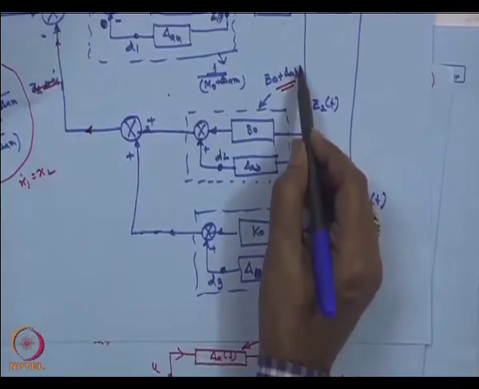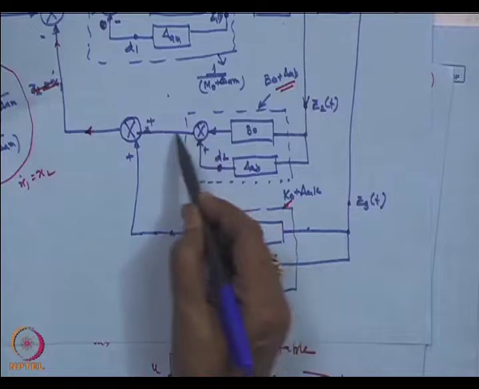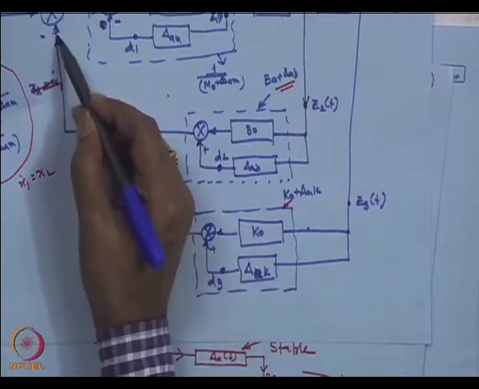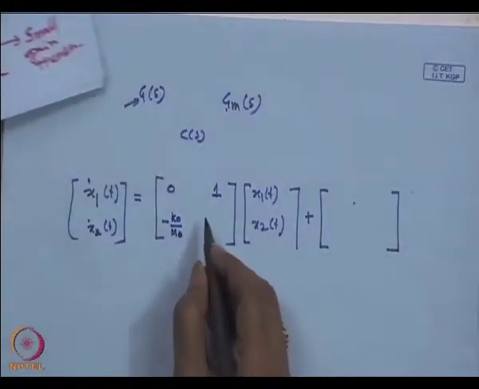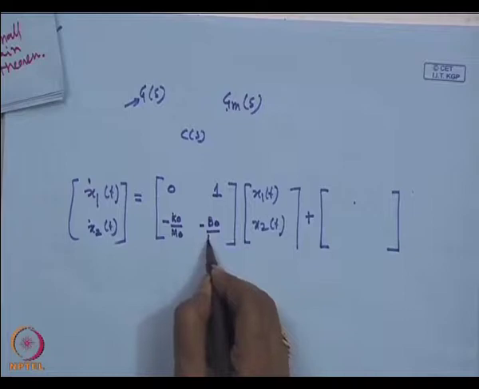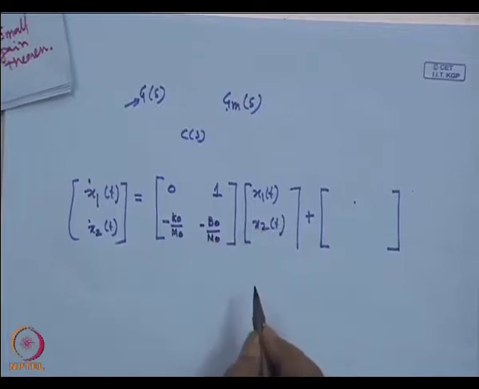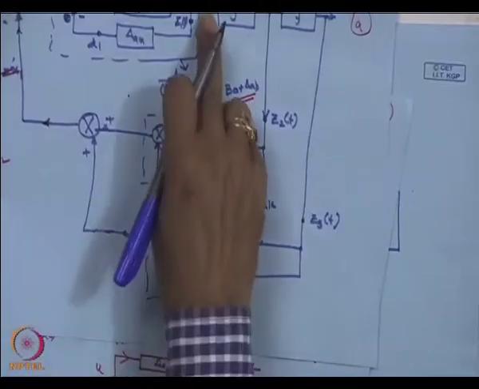Now, this is the x 2, x 2 times b 0, going with a minus sign and 1 by m 0. So, this is minus b 0 by m 0 times x 2. There are some other signals also in x 2.